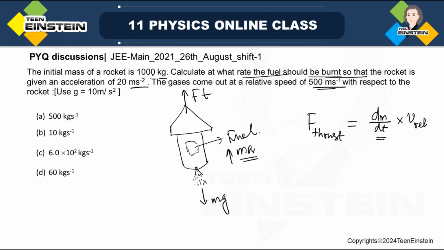So we can take this acceleration and this mass, and get dm/dt from here. dm/dt is equal to F thrust divided by V relative.